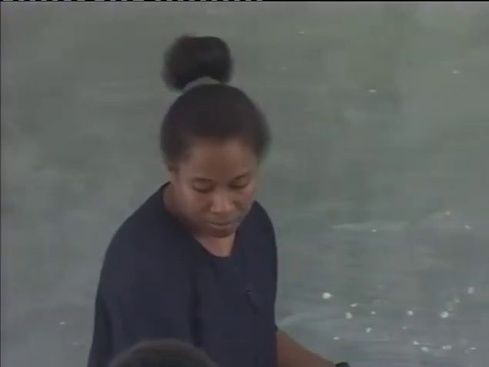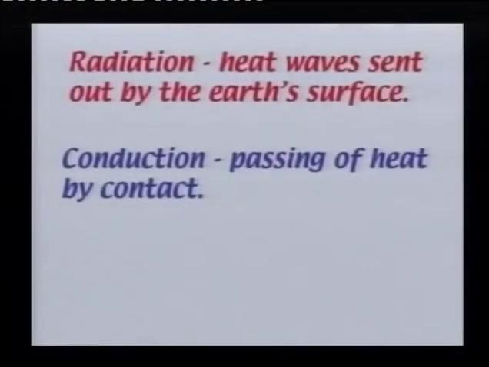Okay, the second one is through the process of conduction. Conduction is simply to do with the passing of heat by contact. When two objects at different temperatures are in contact, heat flows from the warmer to the cooler object.